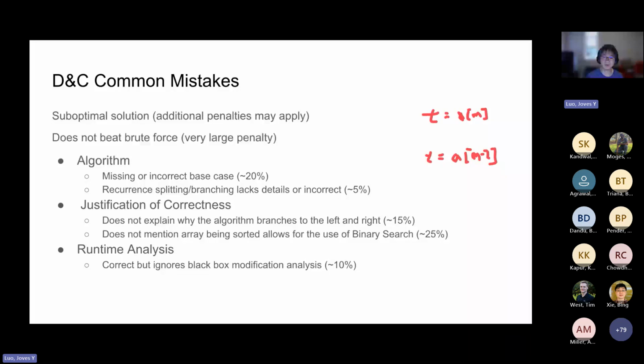Whatever you see in the actual homework, not the individual point values, because the individual point values on the rubric can change depending on how difficult we think certain things are. But the breakdown of how much the algorithm part is worth, how much justification of correctness is worth, how much the runtime analysis is worth, you will see on your homework if you submit, and if not, ask a student in the homework threads.